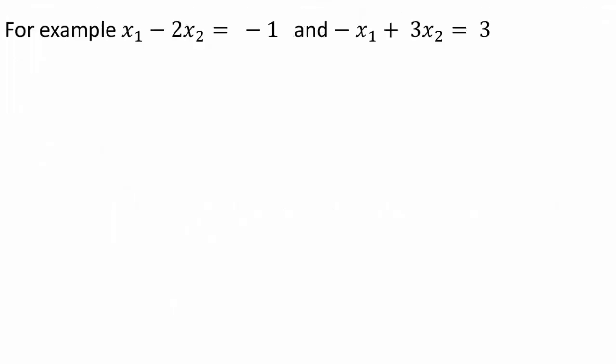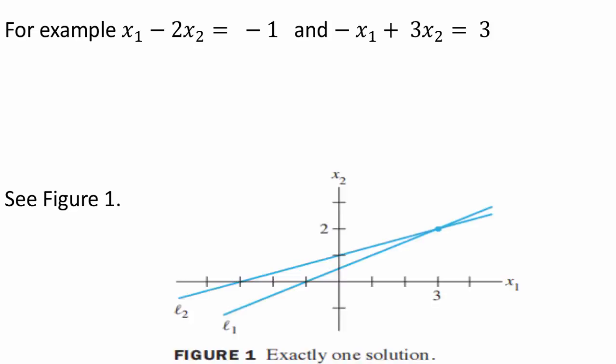For example, we shall see these equations. x1 minus 2x2 equal to minus 1 and minus x1 plus 3x2 equal to 3. If you draw the graphs of these equations, they will be like this. x1 minus 2x2 equal to minus 1 is one line, L1, and minus x1 plus 3x2 equal to 3 is the second line, L2.